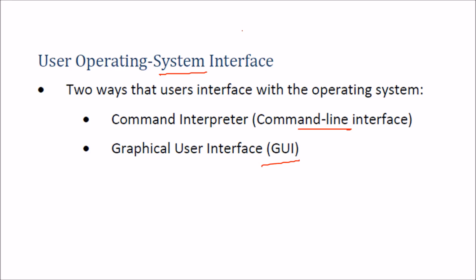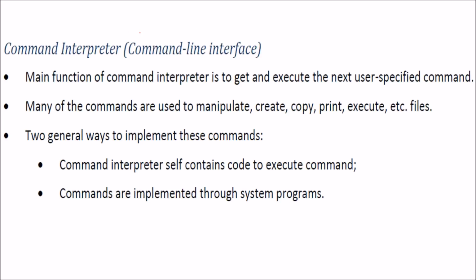So using the operating system interface, the way you interact can be a command line interface or a graphical user interface. Command line interface means you have certain commands. There are specific commands with which you can create, copy, print, and execute files, and there are two general ways to implement these commands. One is a command interpreter, which contains the code to execute the command, and there can be commands implemented through system programs.